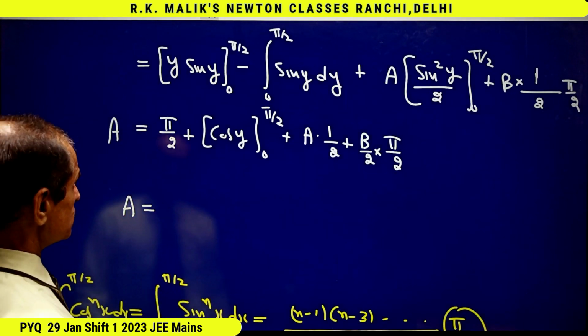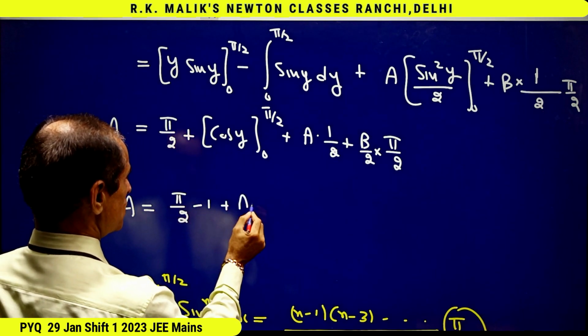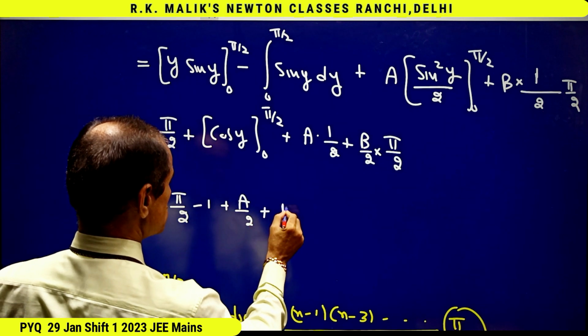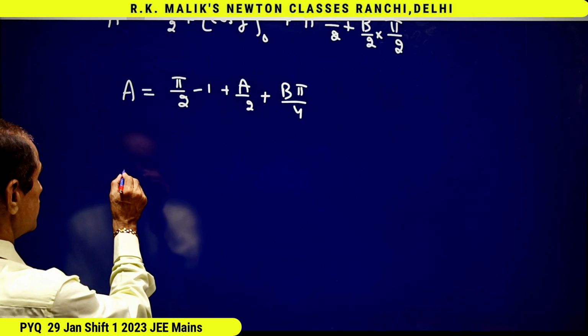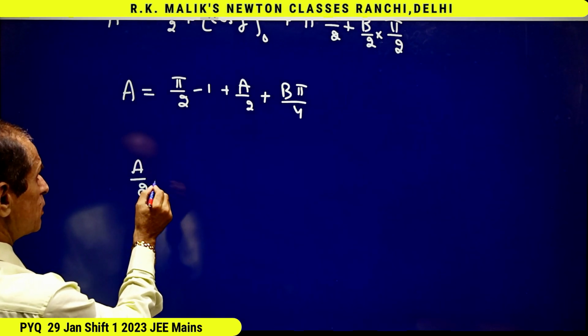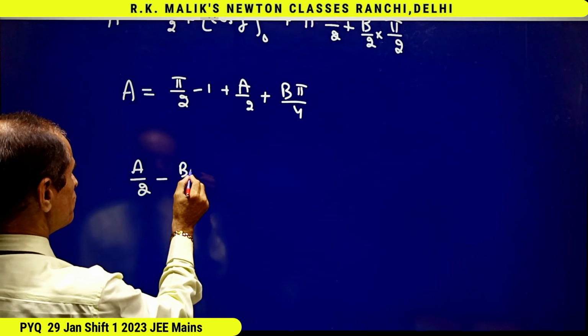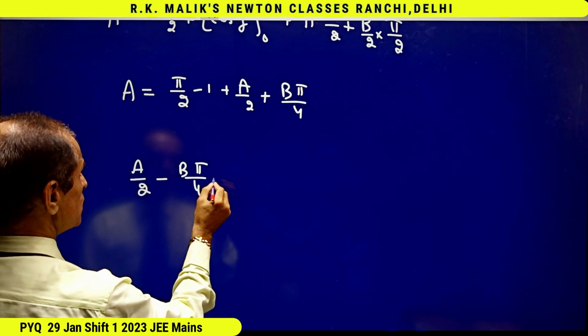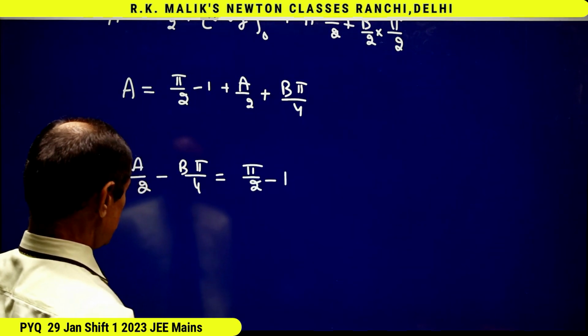That is, a becomes pi by 2 minus 1 plus a by 2 plus b pi by 4. That is, I get a by 2 minus b pi by 4 equal to pi by 2 minus 1.